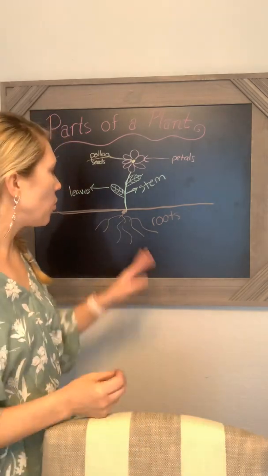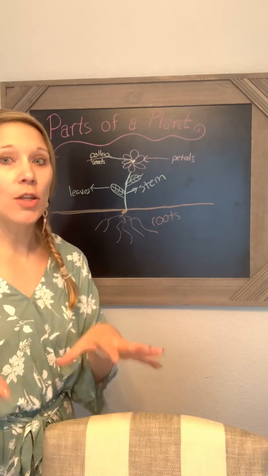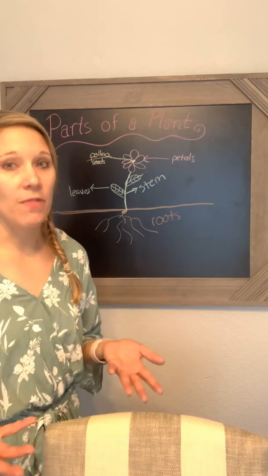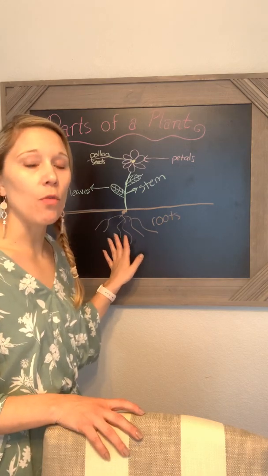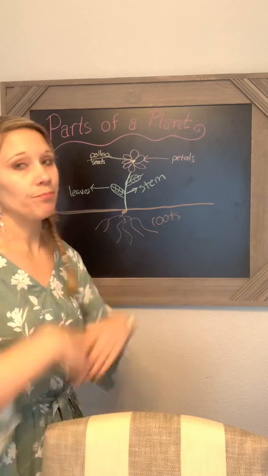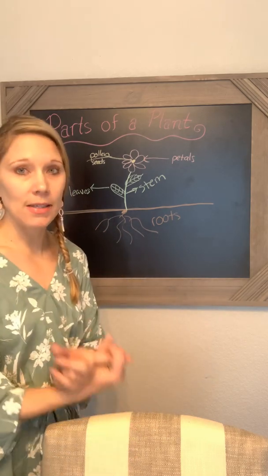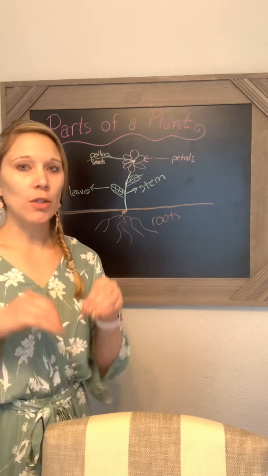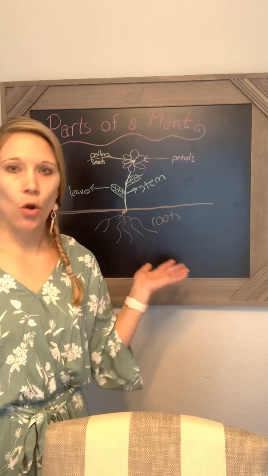Those roots can go so deep because they're trying to anchor themselves into the ground so that they can survive. That's a part of their defense mechanism. So these roots are important to all plants to help grow. If they don't have the roots, then it would just blow away. Okay, so roots are important because yes, they soak up the water from the ground and the nutrients from the soil, but they also anchor in the plant so that it doesn't just blow away.